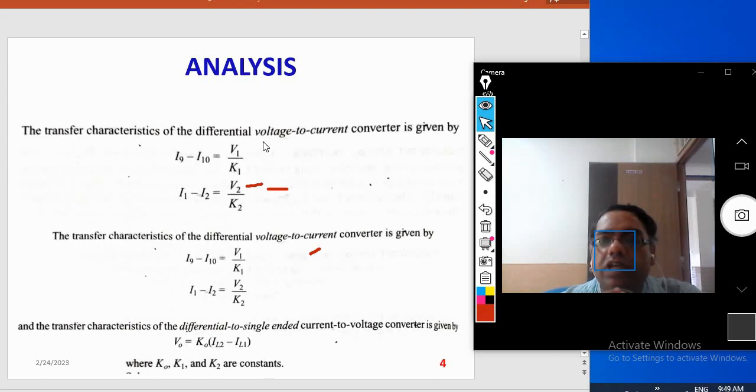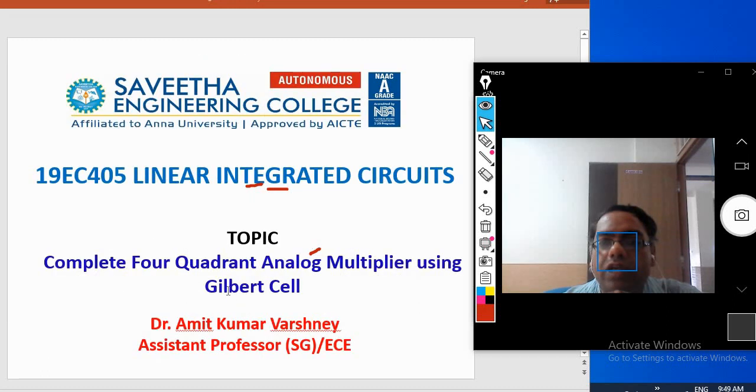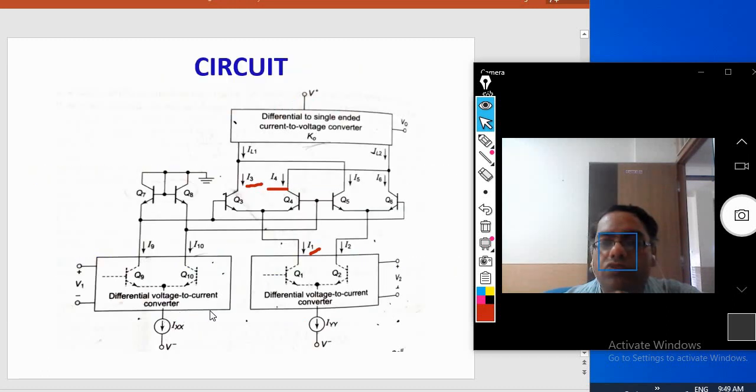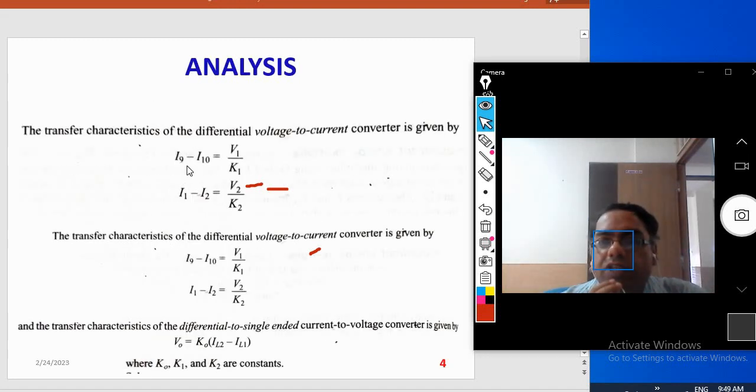Now the transfer characteristics: we have used voltage to current converters as well as this current to voltage converter, and these have various transfer functions. So these transfer functions can be written like this: I9 minus I10 equals V1 by K1, and I1 minus I2 equals V2 by K2.